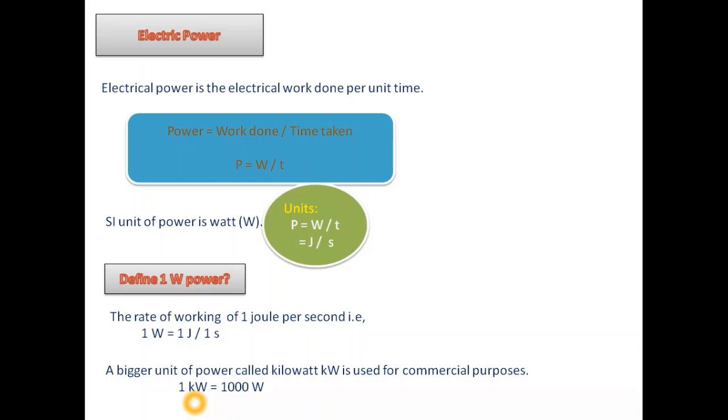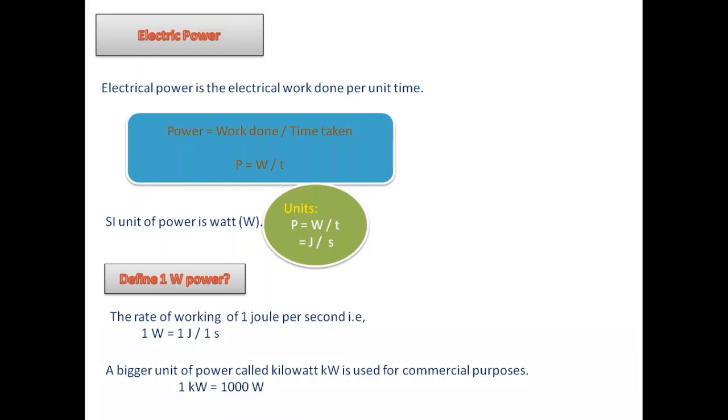Now, whenever work is done, an equal amount of energy is also consumed. Some work is done whenever current flows, and when work is done, an equal amount of energy is also consumed.